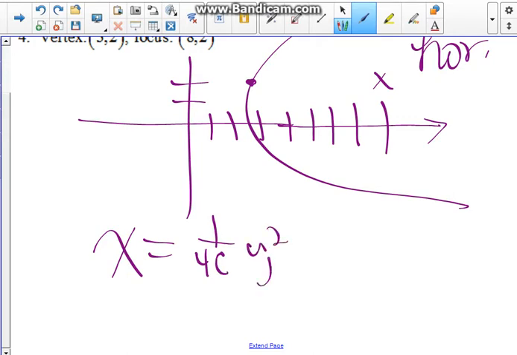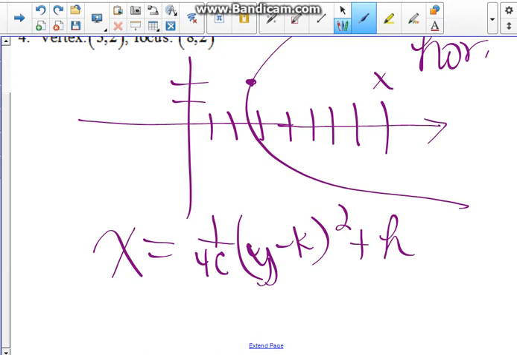But because we've shifted this, we've got to take into account the h and the k. So this becomes y minus k squared plus h.